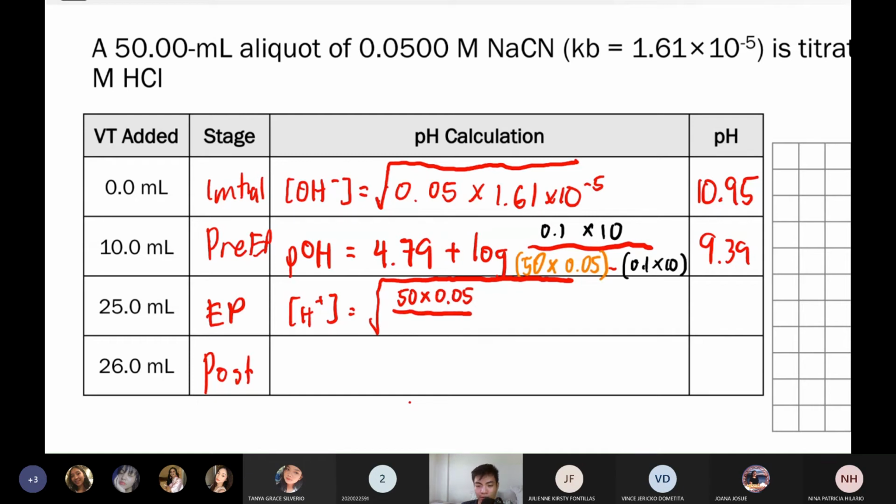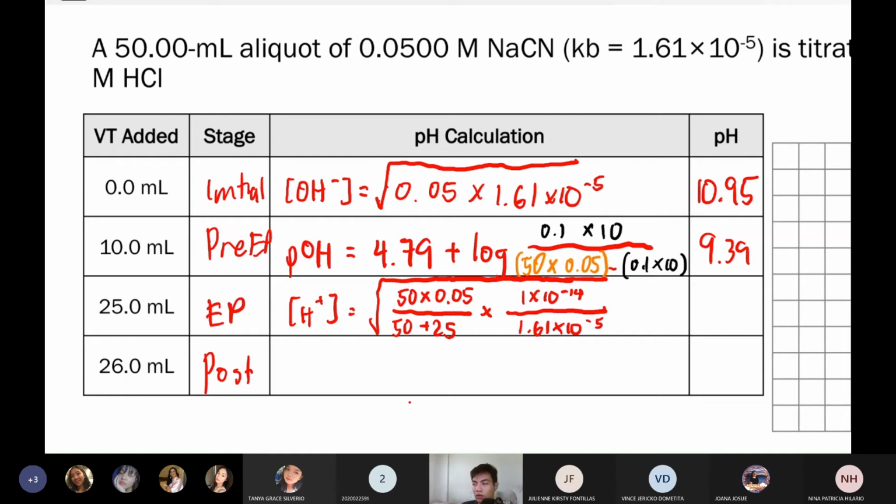Yan yung analyte. Divided by the total volume. Ano total volume natin? 75 ml. Bakit? 50 ml analyte and then 25 ml titrant. So 75 ml. Times KA. KB meron tayo eh. So 1 times 10 raised to negative 14 divided by KB times 10 raised to negative 5.